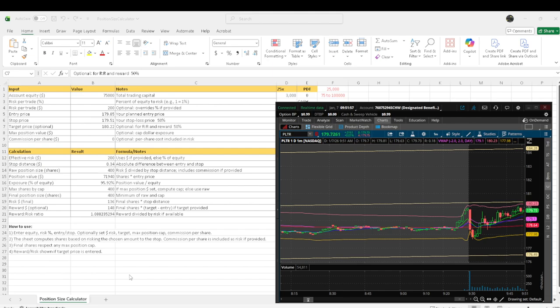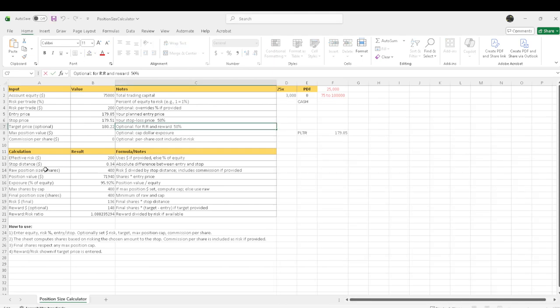You do the math. You say, okay, I have $75,000 divided by 179.85. That would give me roughly 417 shares. So the raw position I would be in is 417 shares.